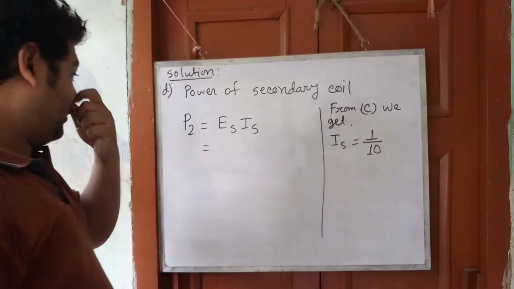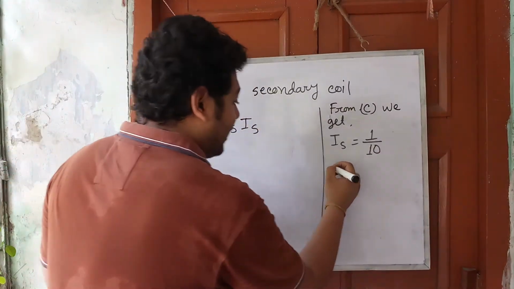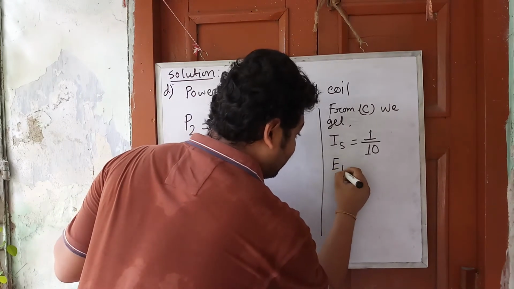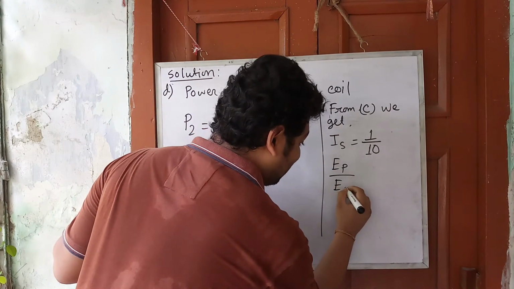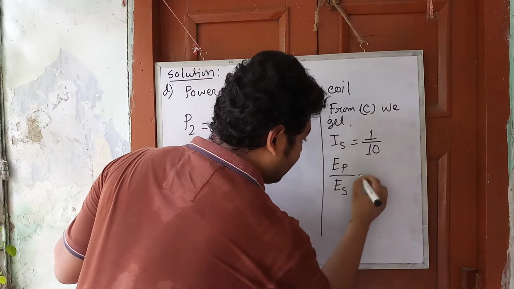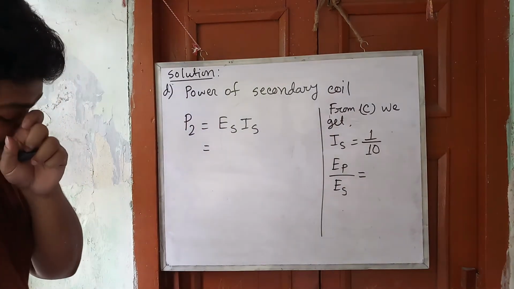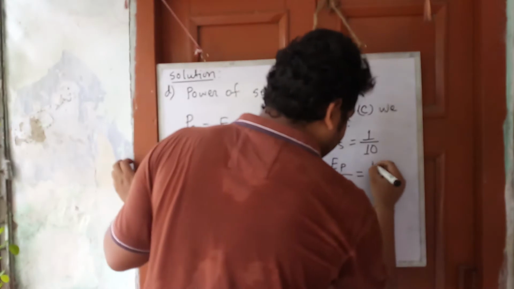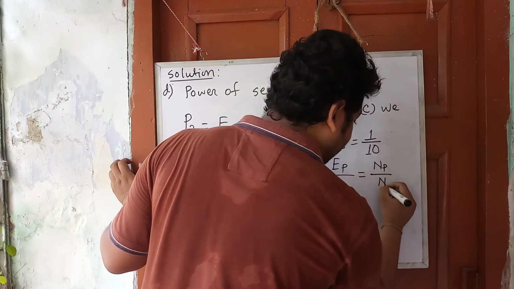And for ES we know that EP by ES is equal to NP by NS.